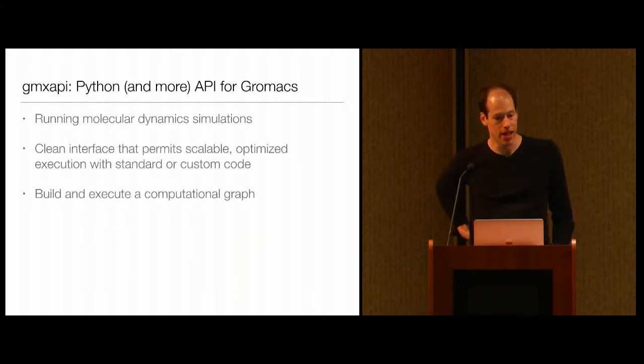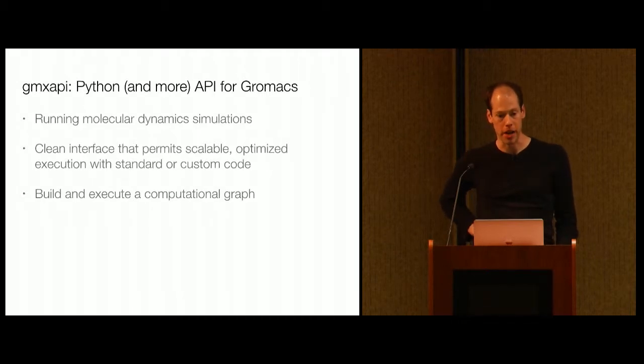So therefore, we have designed and implemented the initial functionality for what we call GMX API, which is a high-level API for GROMACS, really targeted at Python, but also with C++ API capabilities.